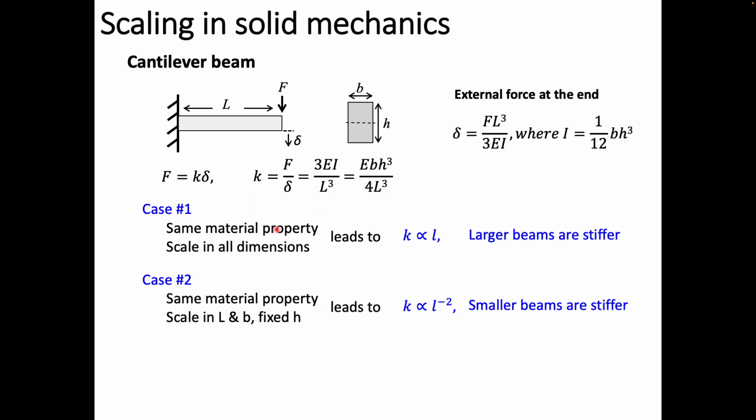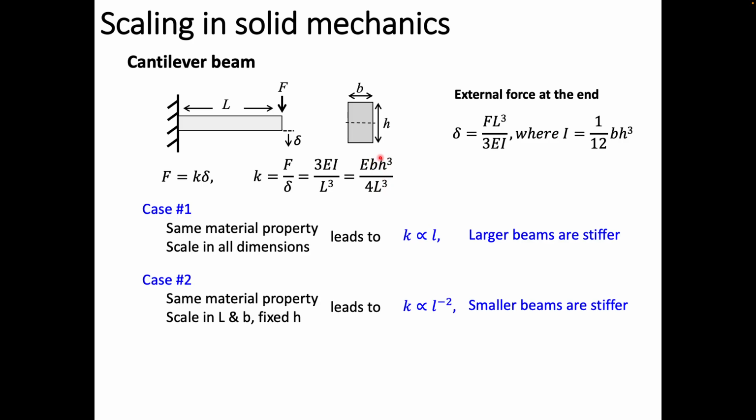We are going to scale in all dimensions: length by a factor of 2, B by a factor of 2, H by a factor of 2, like that. If you look at this K, it has B and H cube over L cube.